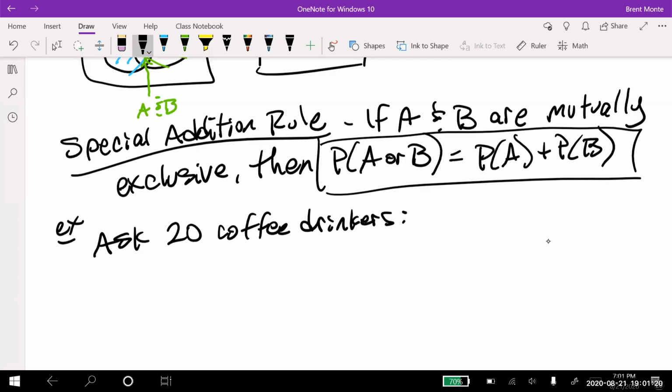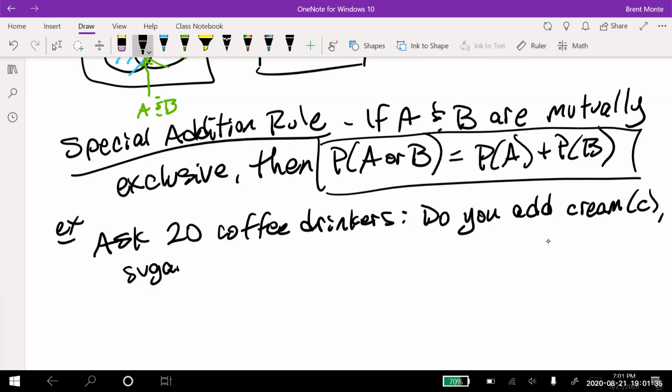Or do you put both in your coffee? Do you add cream? We'll call that C. Sugar, S, or both? B.